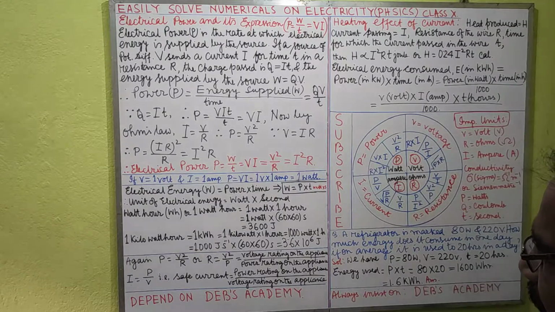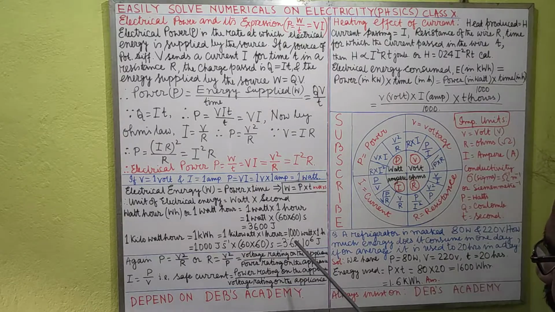Watt hour, or 1 watt hour equal to 1 watt into 1 hour, equal to 3600 joule. 1 kilowatt hour equal to 3.6 into 10 to the power 6 joule.